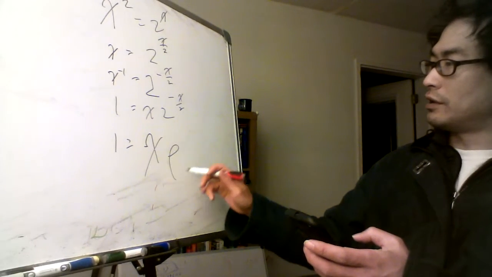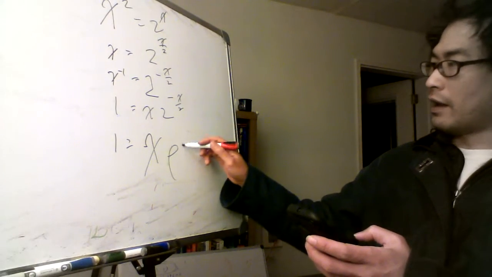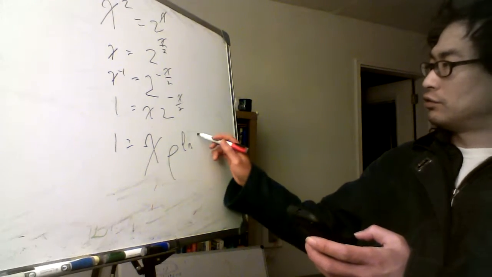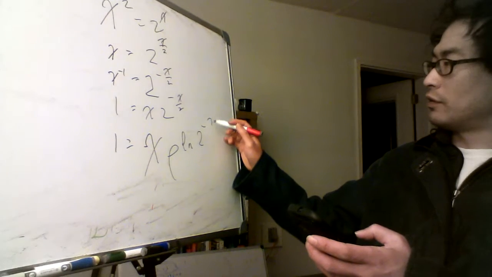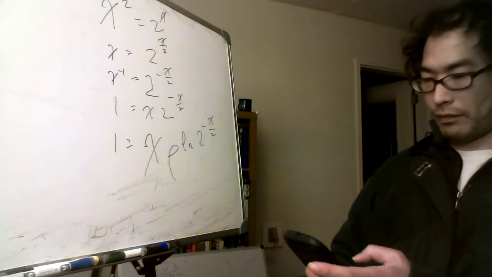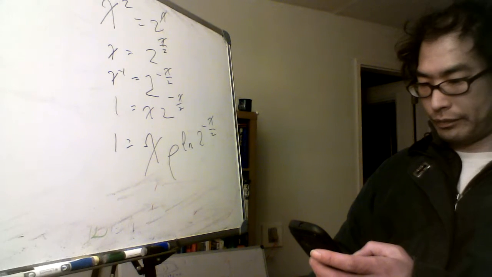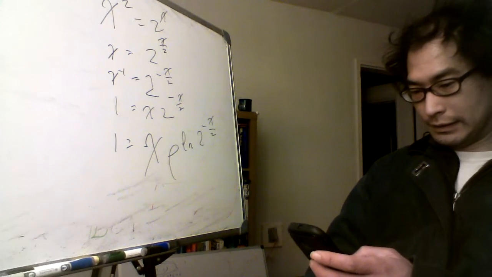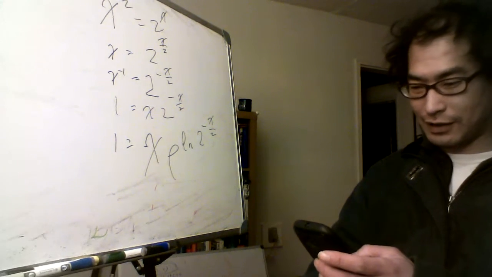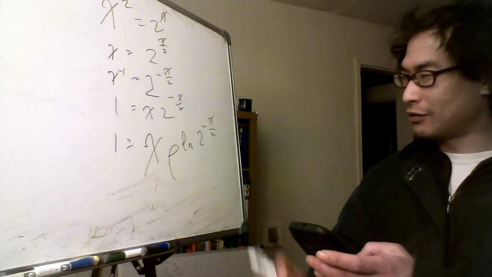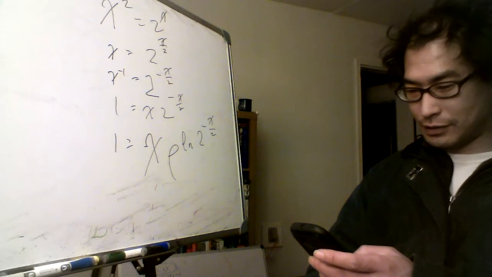e to the ln 2 to the minus x over 2. I'm struggling still. I understand what he did, but to write it out is more work.